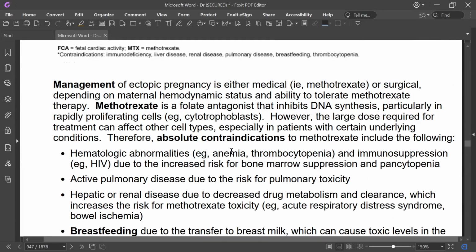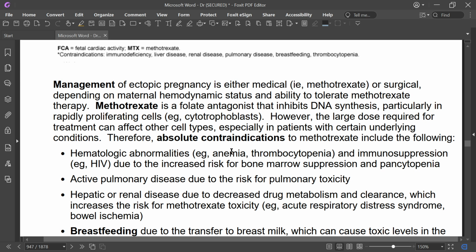So management of ectopic pregnancy is either medical or surgical, depending on maternal hemodynamic status and ability to tolerate methotrexate therapy. MTX is a folate antagonist that inhibits DNA synthesis, particularly in rapidly proliferating cells.